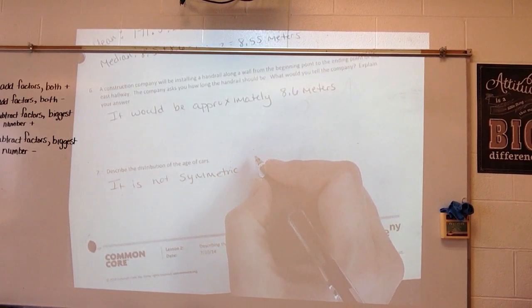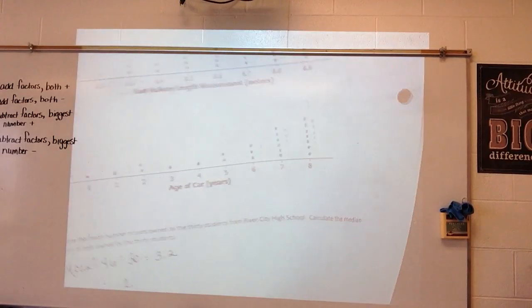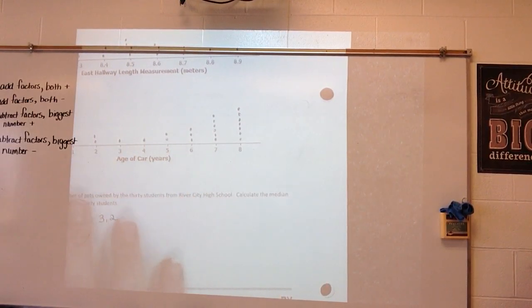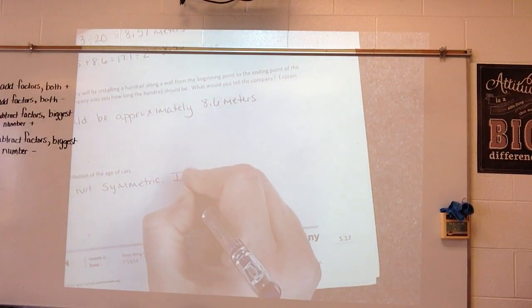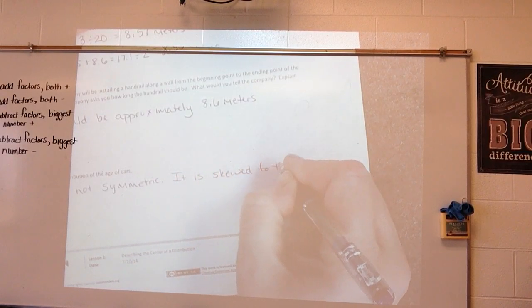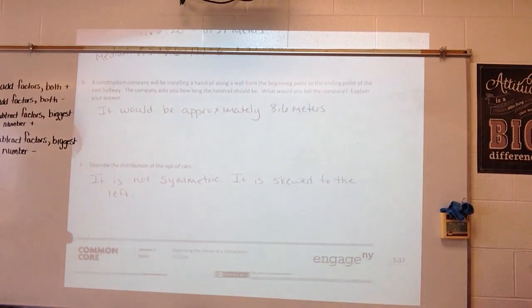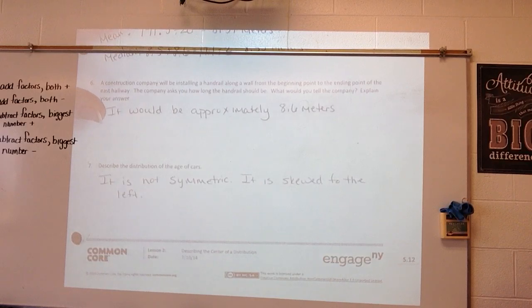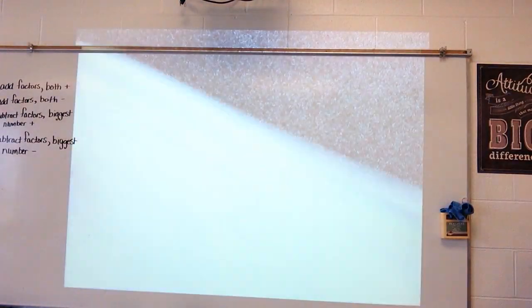I look at it and I say it is skewed to the left because that's which way the tail goes. I think that's a good description there. Let's go on to the next question.